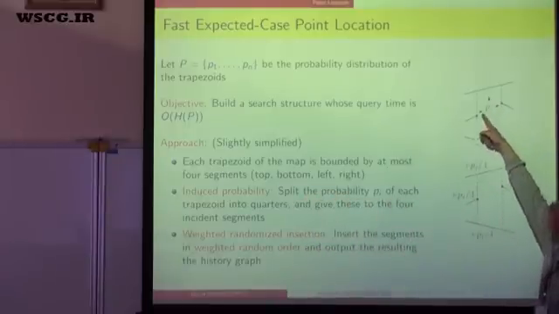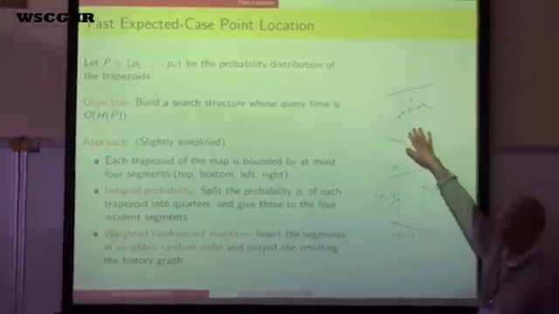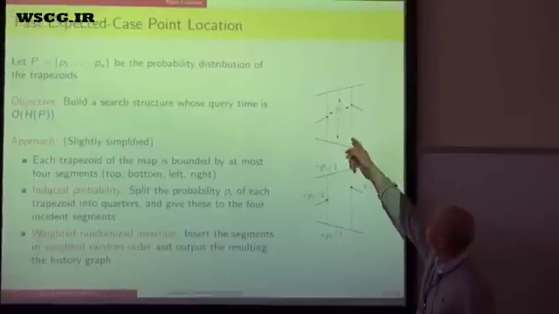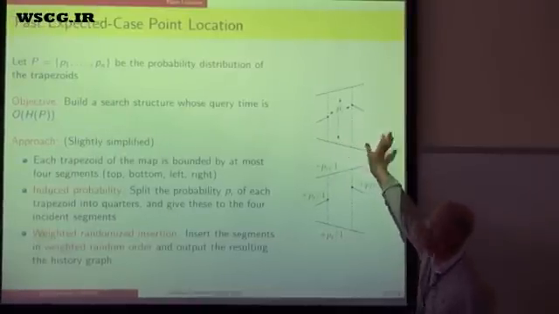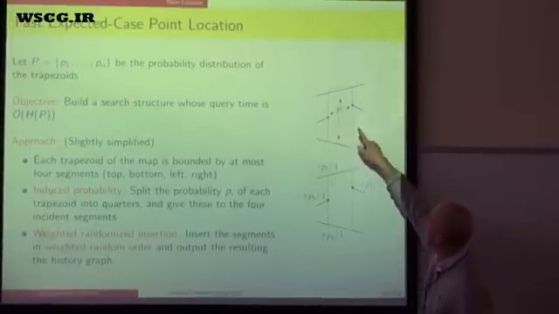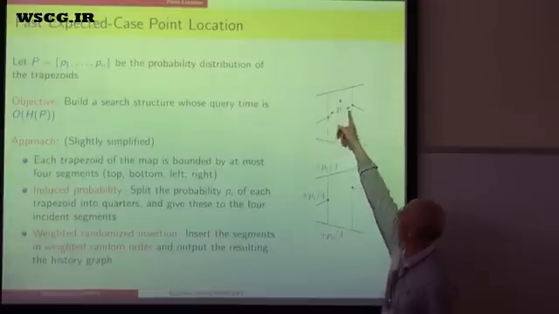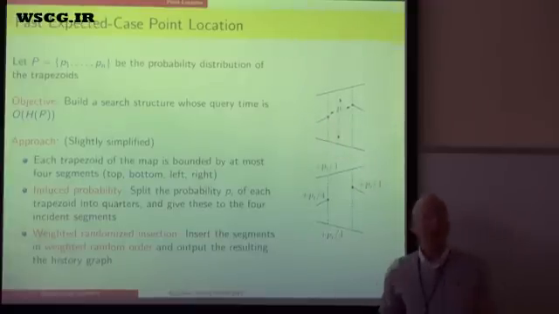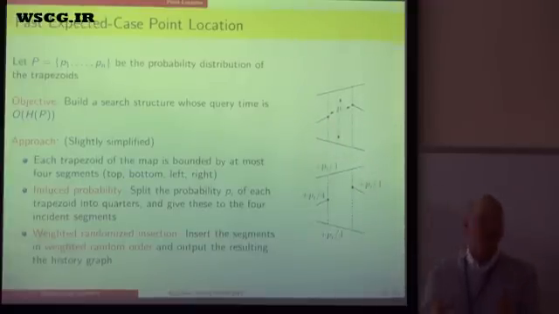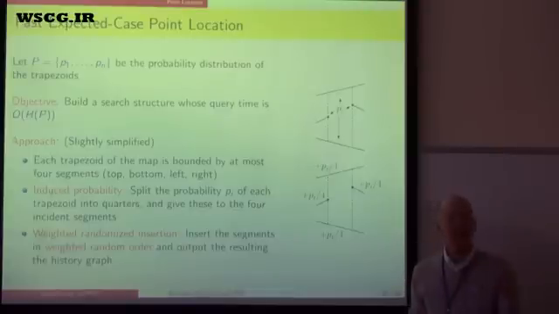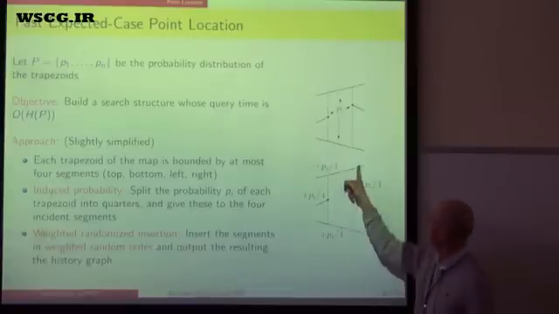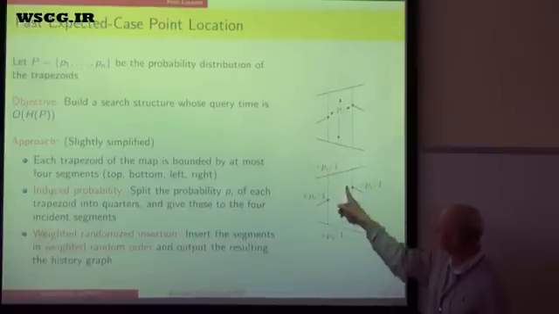For every region, every trapezoid that has probability p sub i, notice that this region is essentially going to be defined by four things. There's going to be a segment below, a segment above, a segment to the left, a segment to the right.